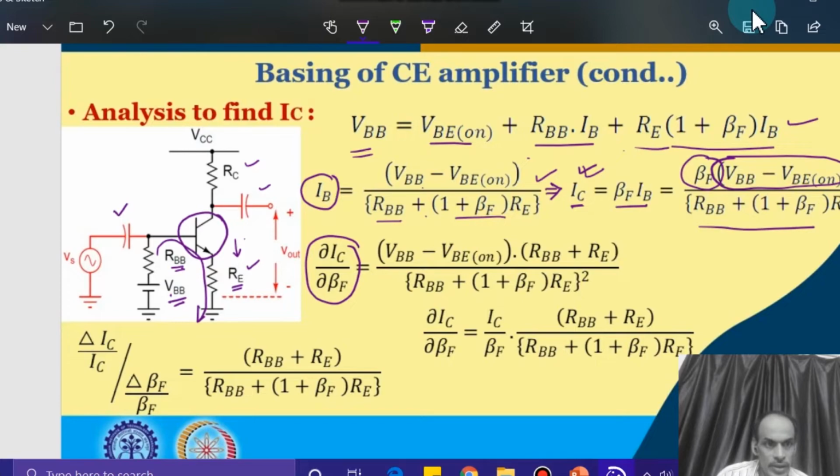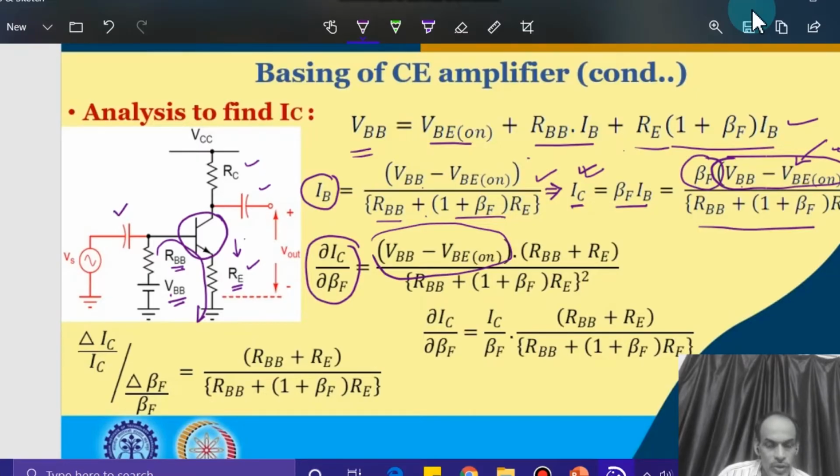In fact, strictly speaking, beta has influence on the VBE, but if I consider the change in VBB minus VBE, practically you can consider the variation is very small. So with this assumption, considering this factor is, quote and unquote, independent of beta, we can take this factor out, and for the rest of the things we can take the partial derivative.